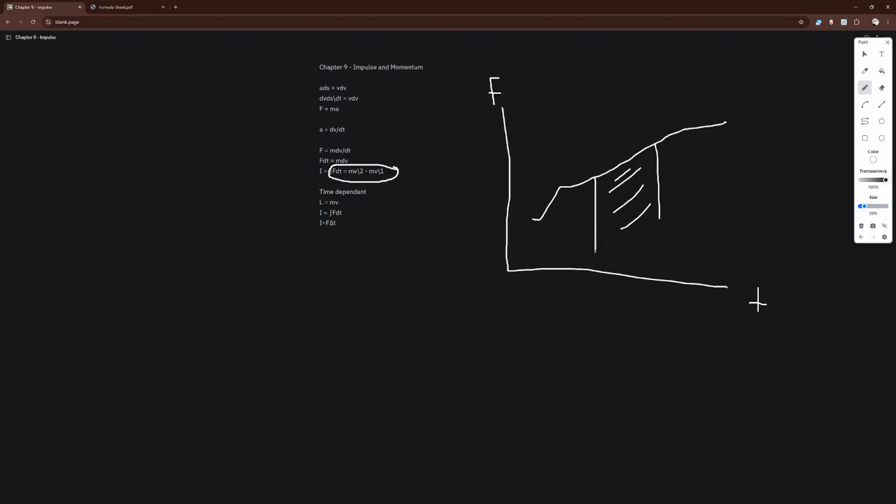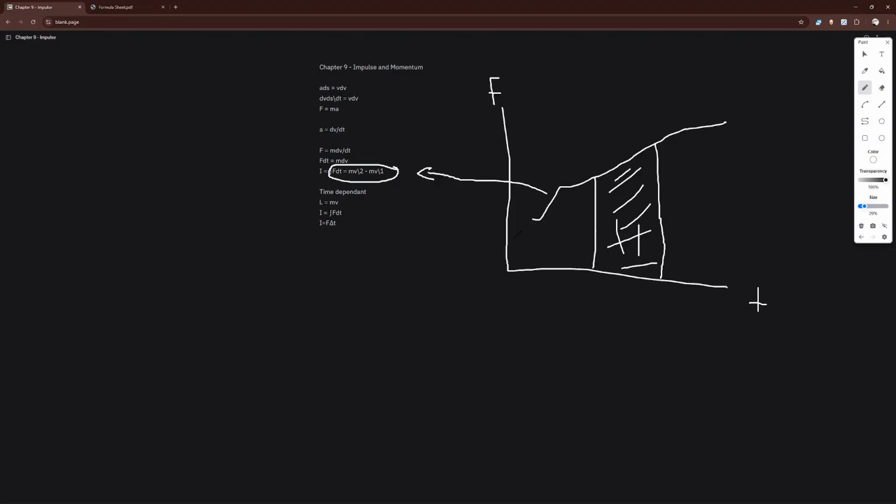And this would extend all the way down, of course. So this area corresponds to this integral. That's how you can look at it graphically. So if you get a graph question and it asks what's the impulse, and it gives you an F-t graph, you know to find the area under the curve, which will give you your answer, right?